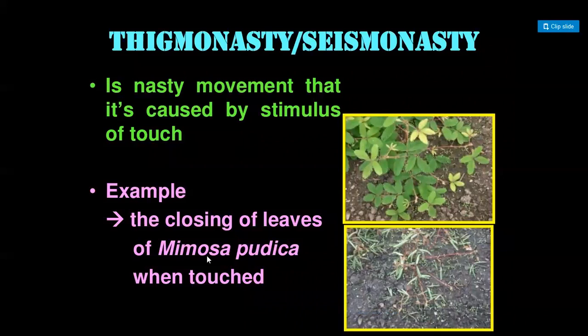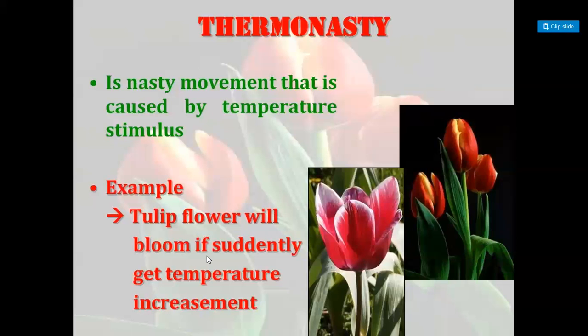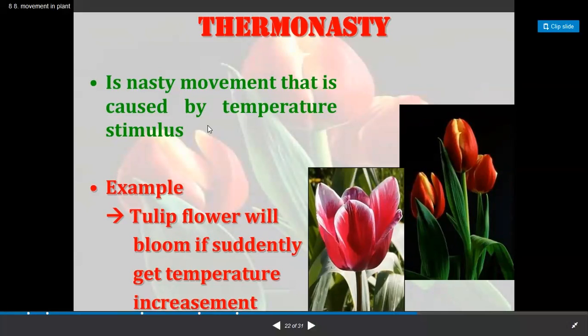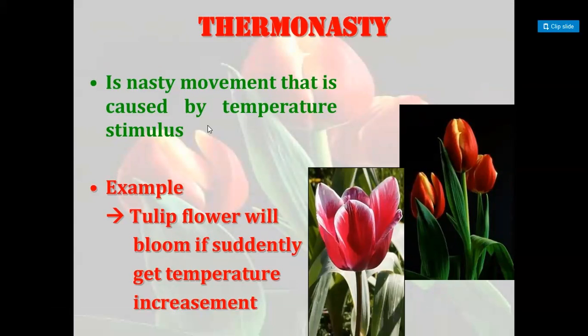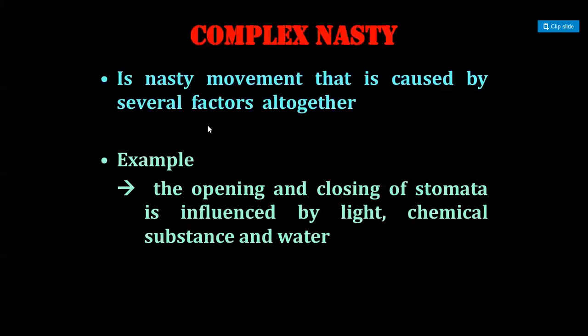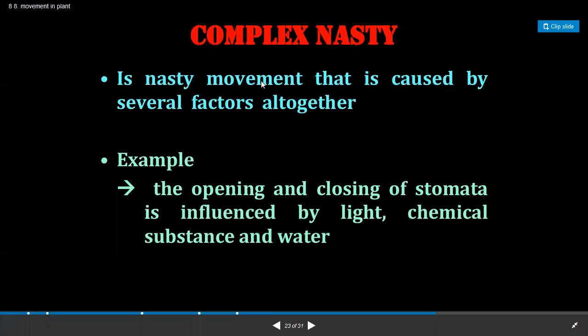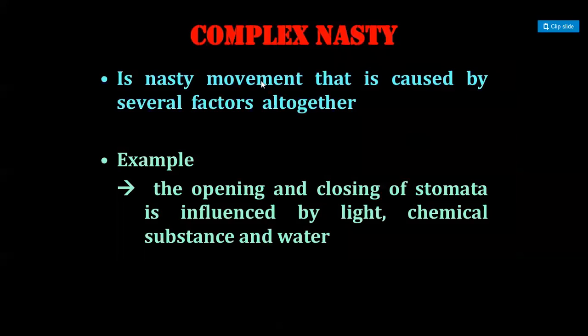This movement is thigmonasty. Thermonasty is the nastic movement caused by a temperature stimulus. For example, a tulip flower will bloom when it suddenly gets a temperature increase. When the temperature increases, it blooms. That movement is thermonasty. Complex nasty movement is nastic movement caused by several factors together.